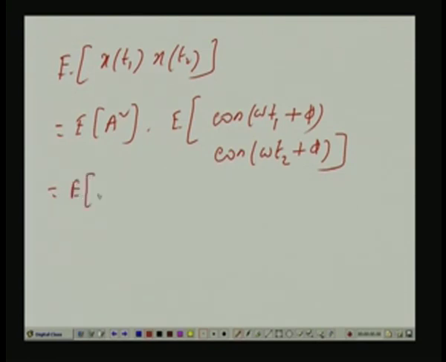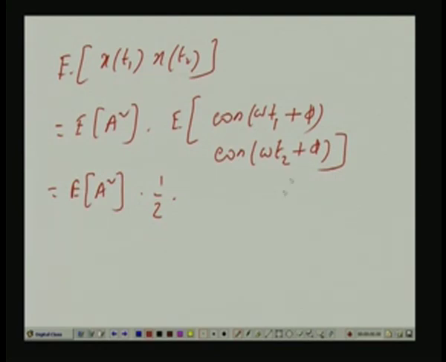So, E of A square, and we break it as two things, half, and this expectation, you know, it is nothing but multiplying this by the probability density of phi and integrating.